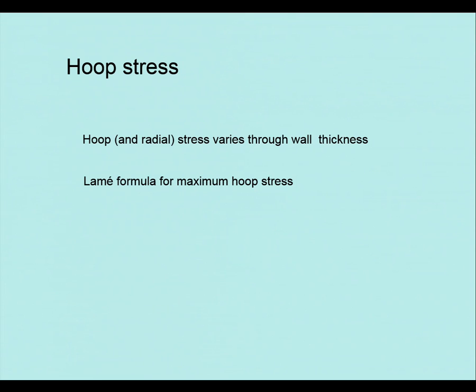We use it a lot for the thermal analysis. If D over T is greater than or equal to 20, that is thin wall. If it's less than 20, that means it's a thick wall.